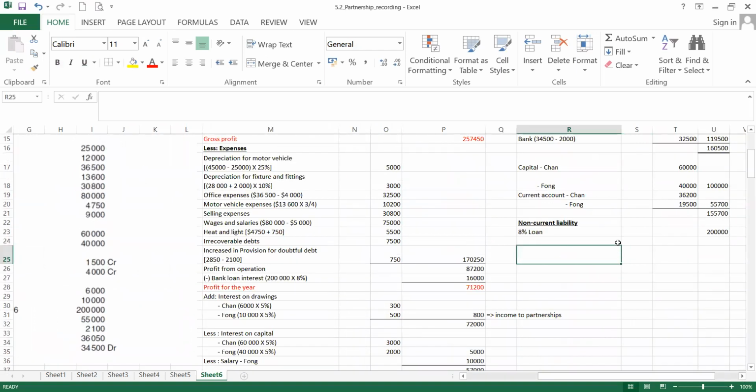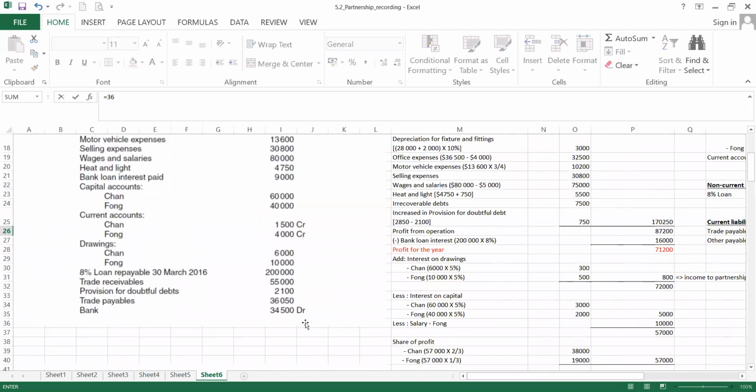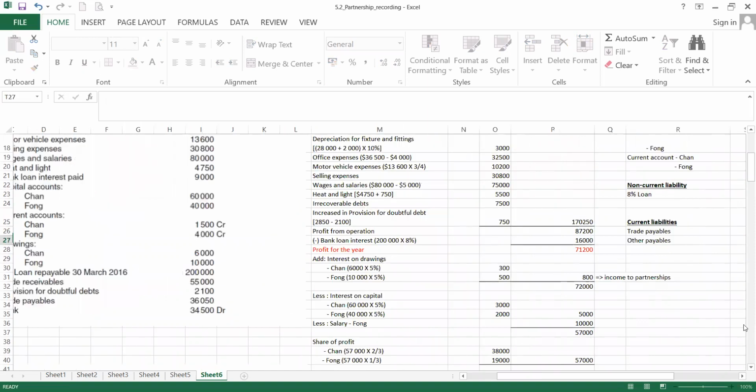The next one is the current liability. Okay, current liability, standard items, we have trade payable and other payable. So what is the trade payable that we have here? 36,050.